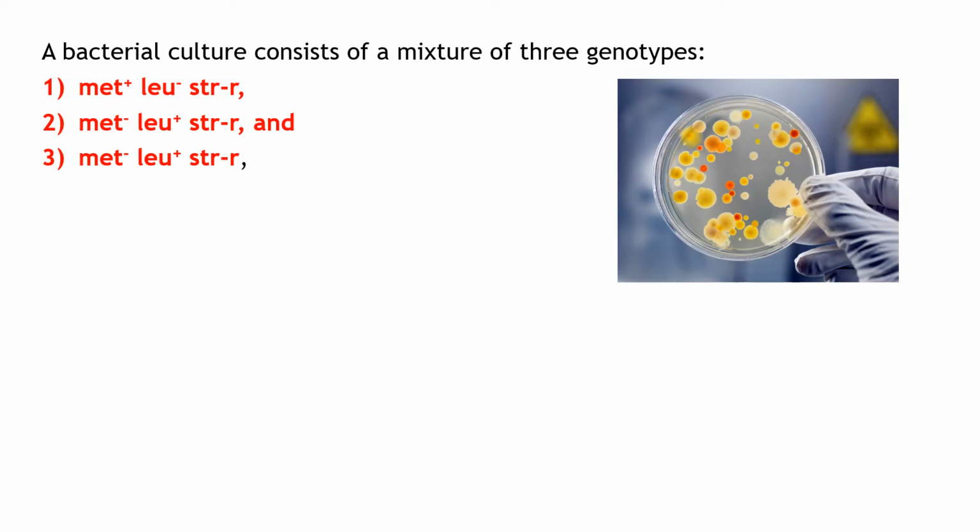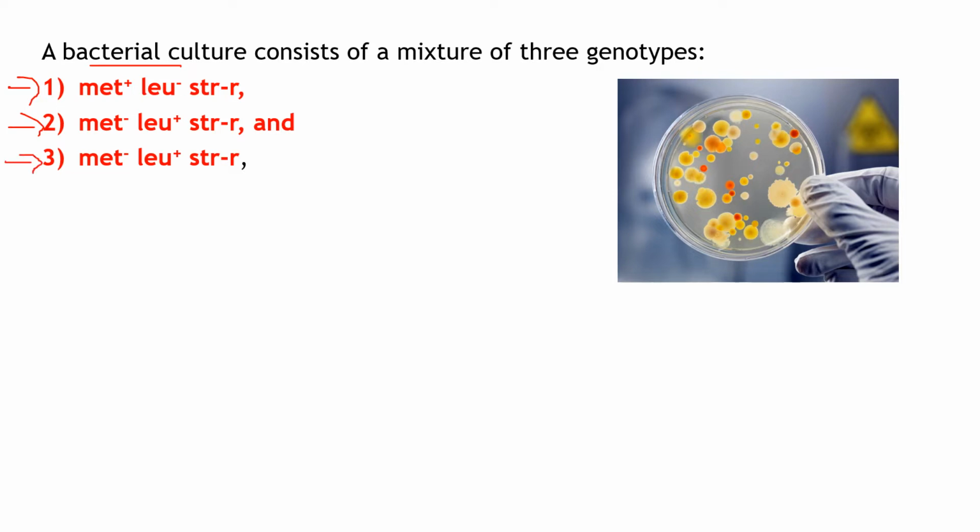So let's start breaking the question into several parts to try to understand it. The first thing they said is that we are going to have a bacterial culture, and this bacterial culture will have different genotypes. Here are the genotypes, and I want you to observe them.